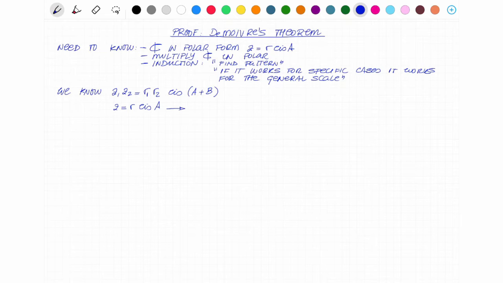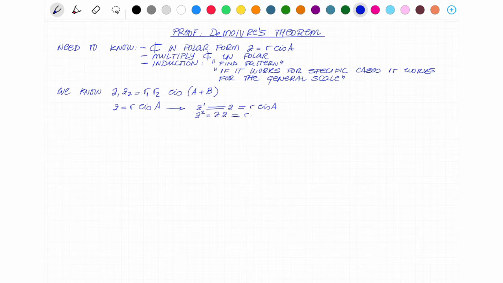I could say, not that we would ever write it that way, that z is z to the power of 1, and that is r cis of a. Well, this is true, so I can come from there and do z squared, which could be z times z.